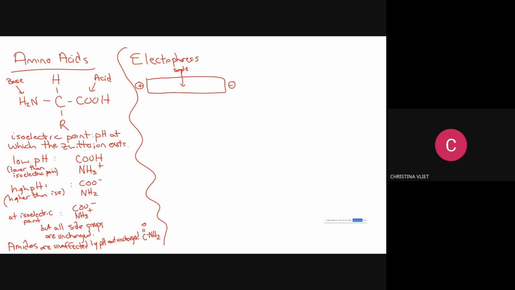And then how do we know how our sample travels for electrophoresis? This is separation based on size and charge of amino acids.